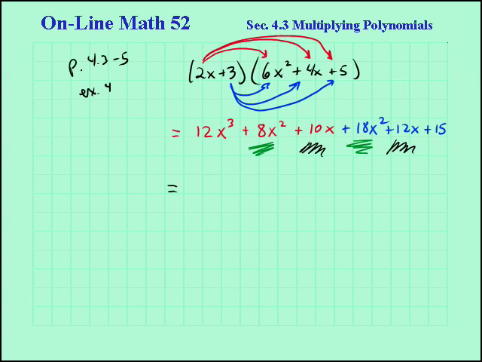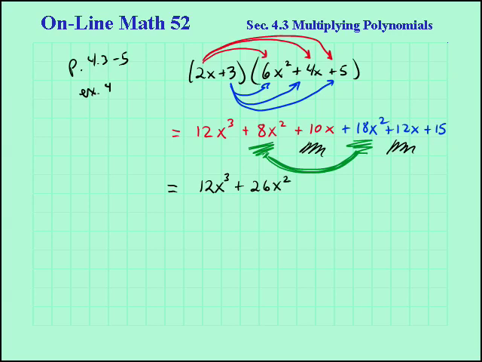I notice that the 12x cubed is the only x cubed term there is, and that will start things off as the lead term and putting in descending order, and it's all by itself. But recognizing, again, the 8x squared and the 18x squared, those two together, 26x squared. So that's a positive 26x squared.